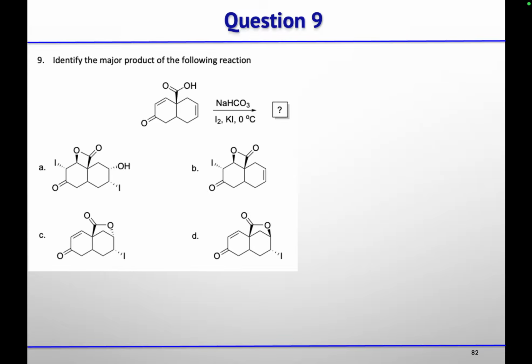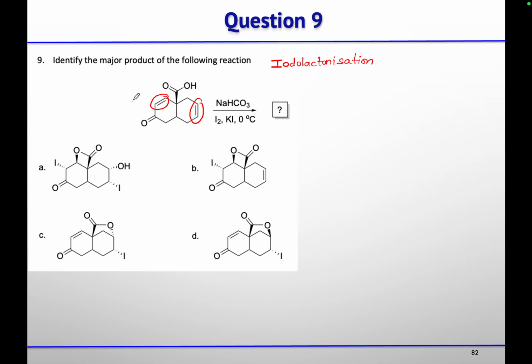Next, identify the major product of the following reaction. This is an iodolactonization. One is an isolated double bond and the other one is an enone.